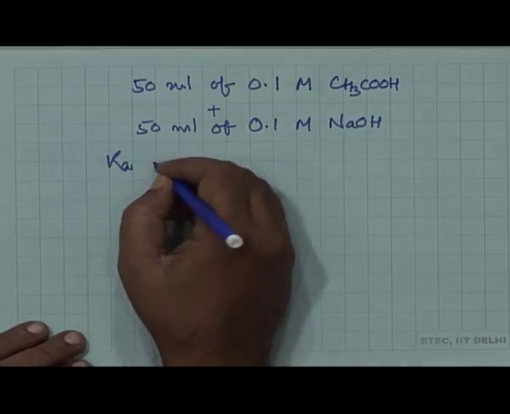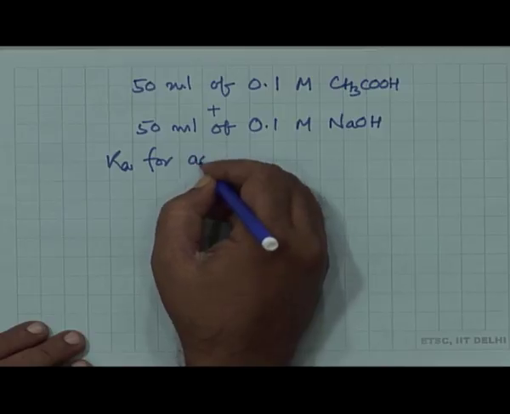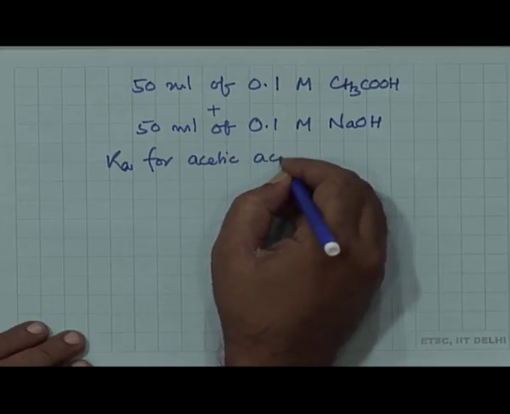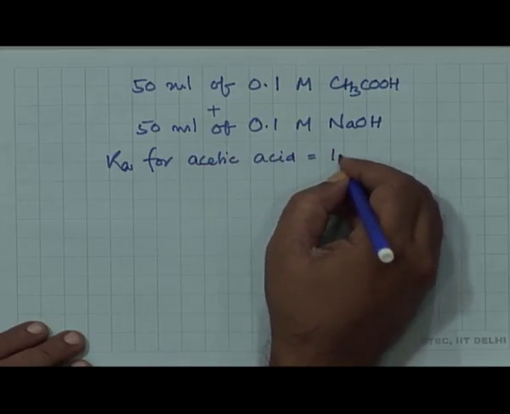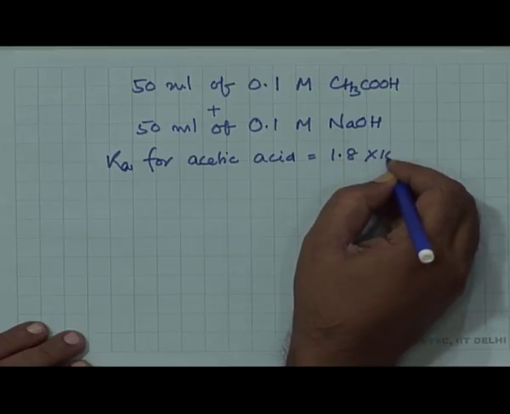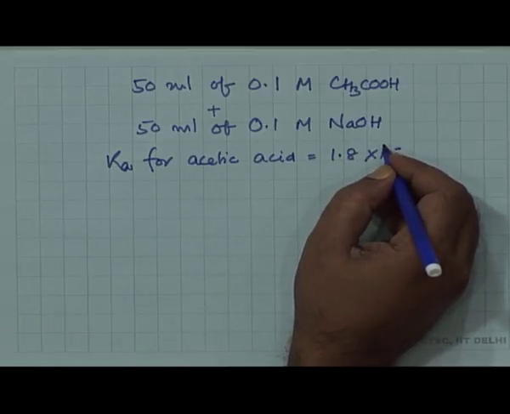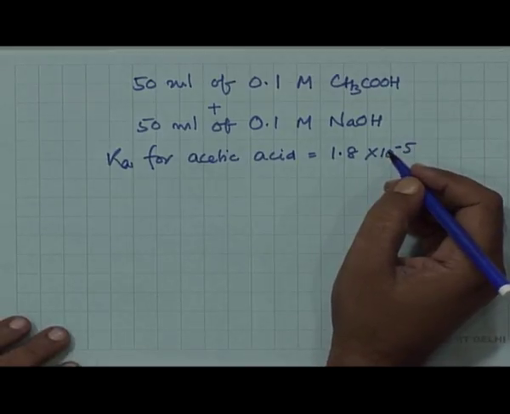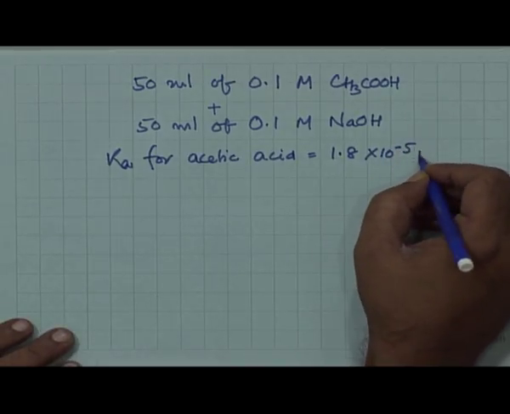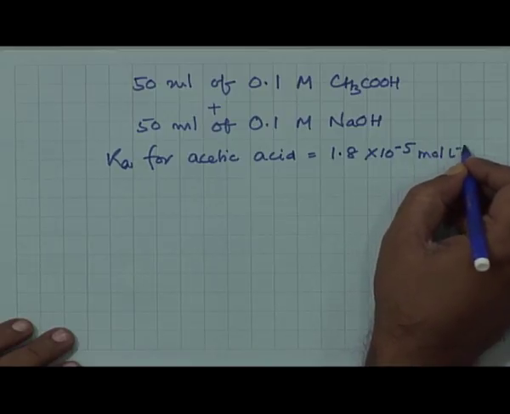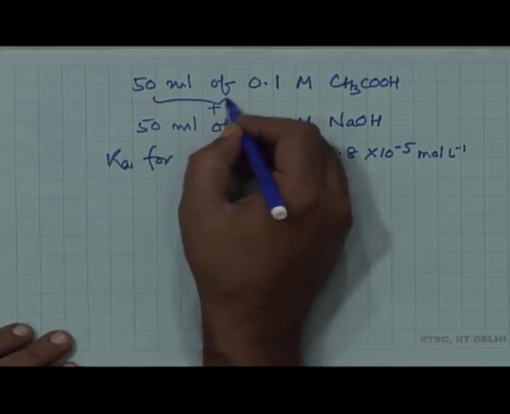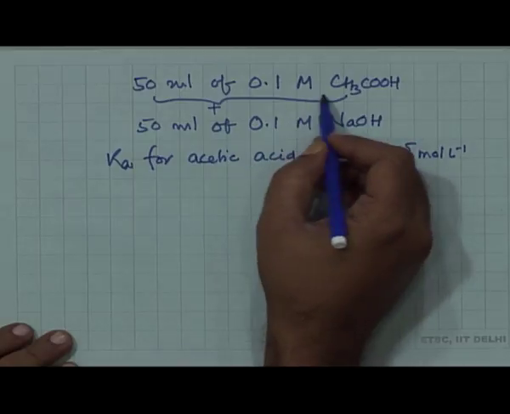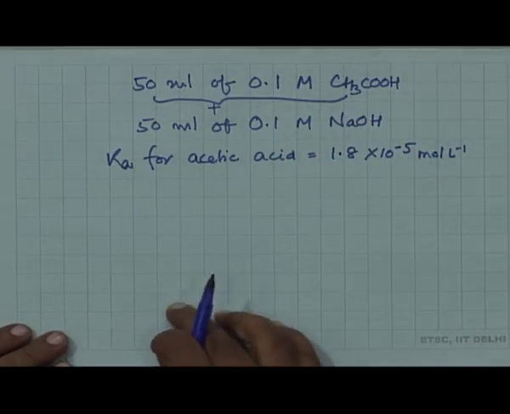Ka for acetic acid is around 1.8 into 10 to the power minus 5 mole per liter. So, first we will start with this solution, 50 ml of 0.1 molar acetic acid.